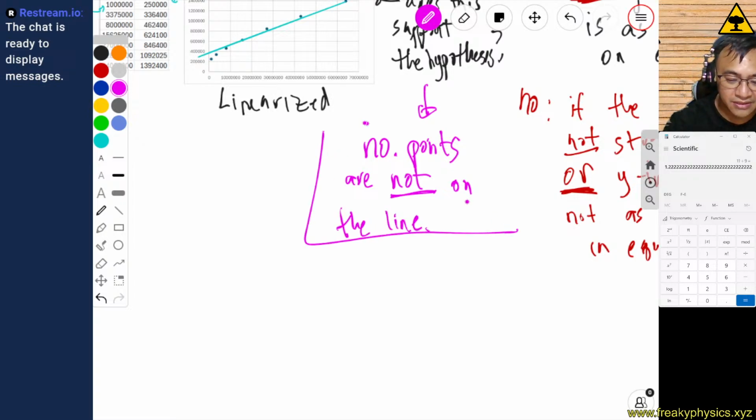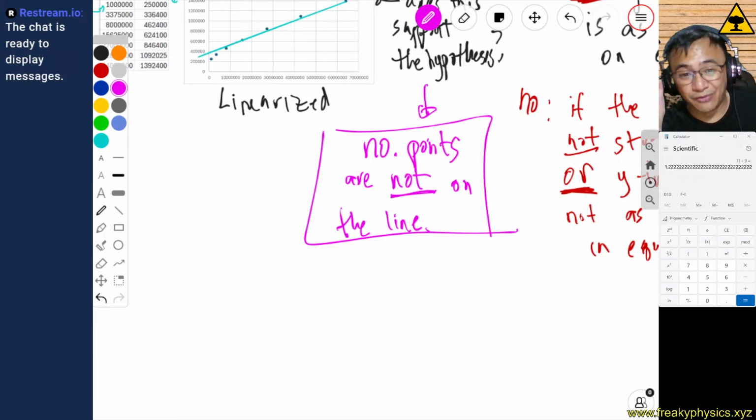That's the answer here. So again, right or wrong, you know the equation or not, you know the theory or not, does not matter. You look at the data and interpret the data properly, and you should be fine.